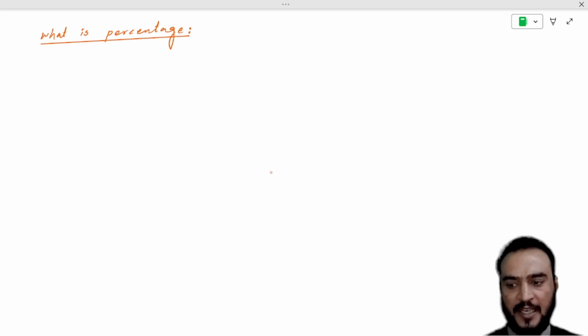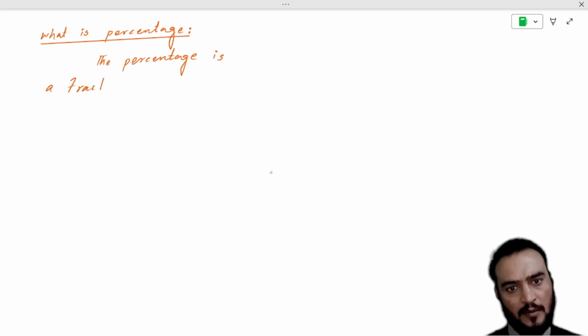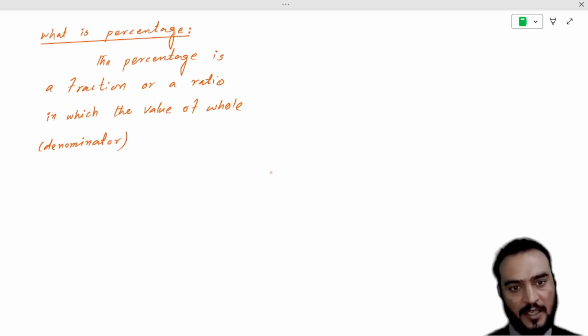The percentage is a fraction or a ratio in which the value of whole, that is the denominator, is always 100. A ratio or a fraction in which denominator is always 100 is called the percentage.